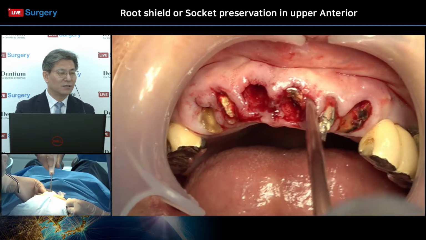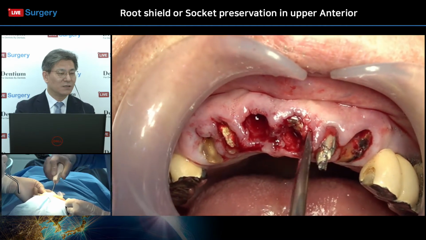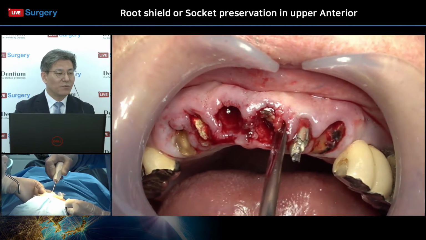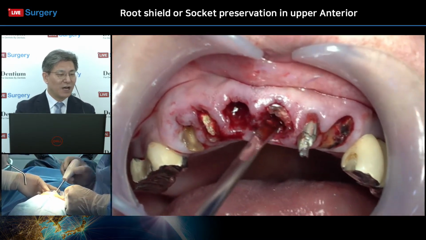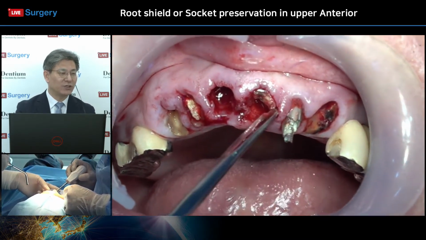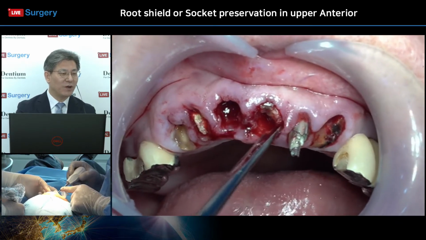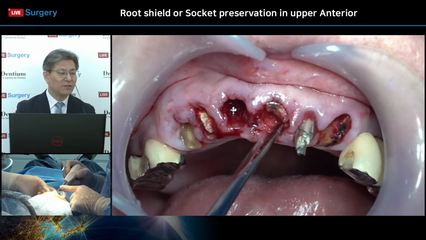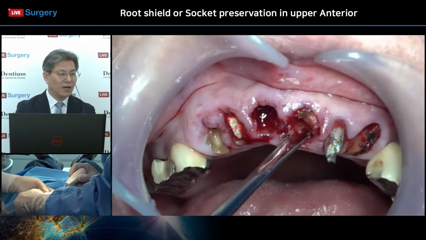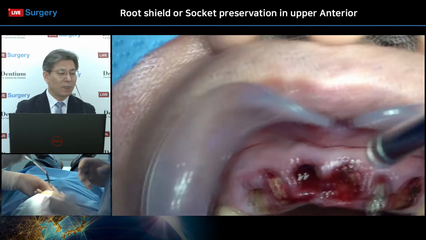There is already a little movement. Sometimes partial ankylosis frequently happens in elderly patients. This patient is an 84-year-old male, so partial ankylosis between the root and the socket frequently happens.